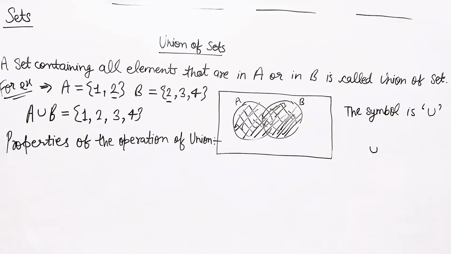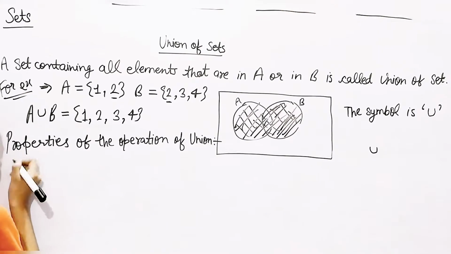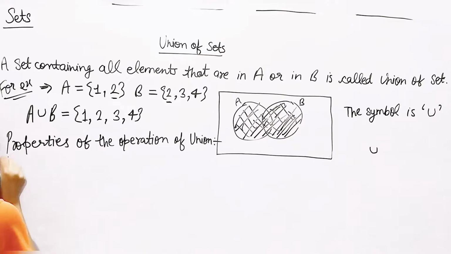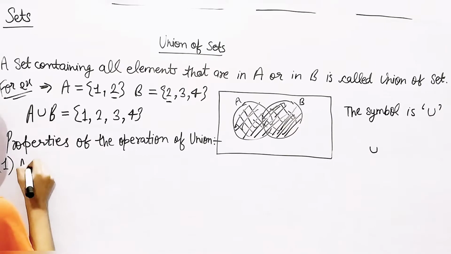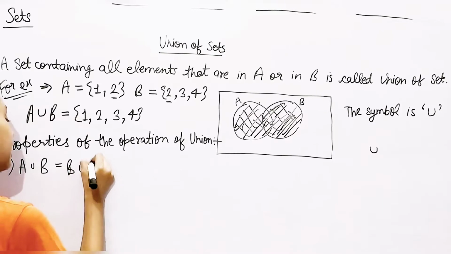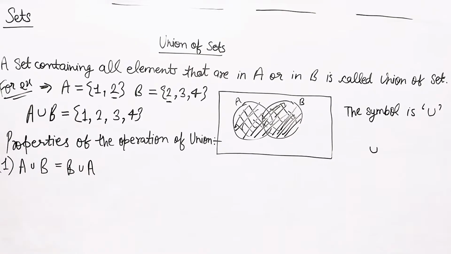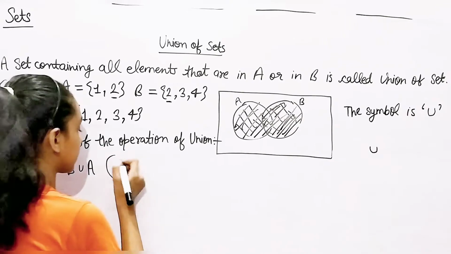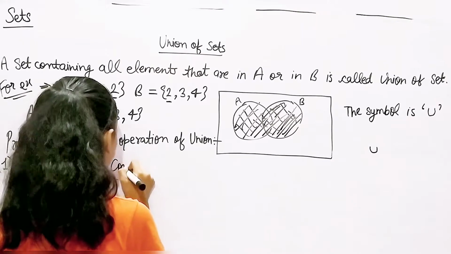The first property is that A union B is equal to B union A. It is from the commutative law, got it?